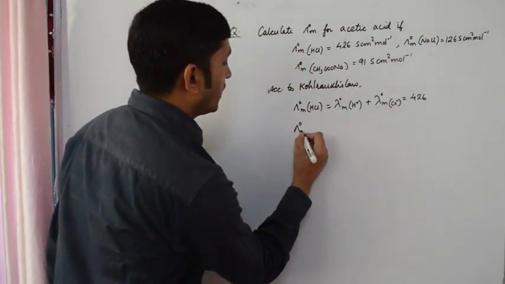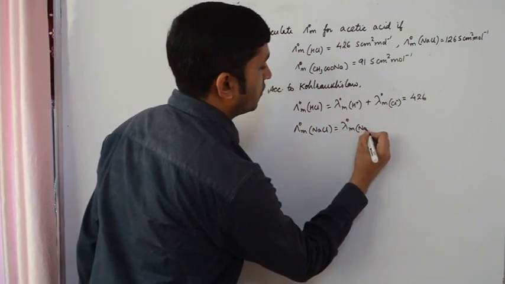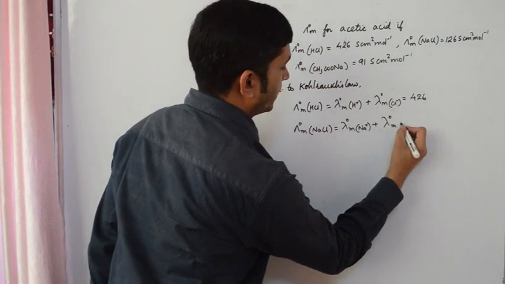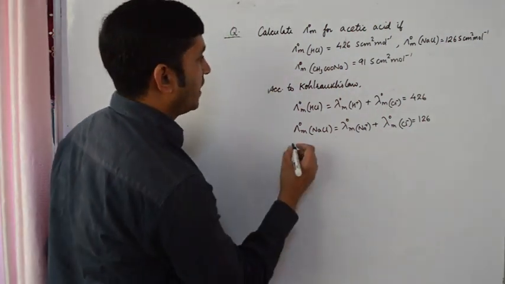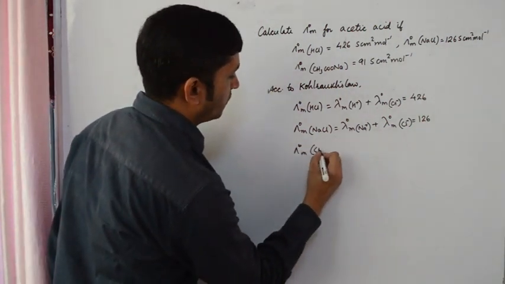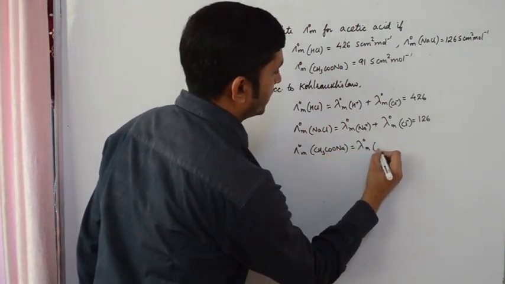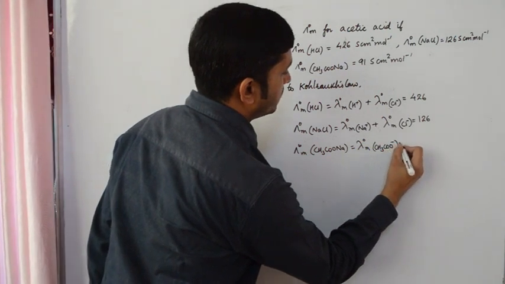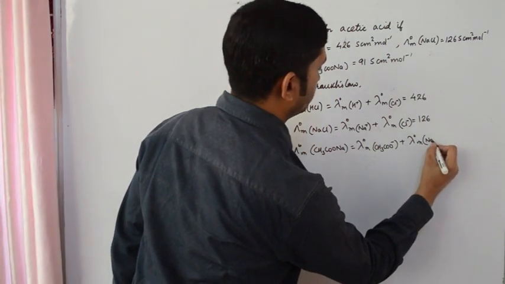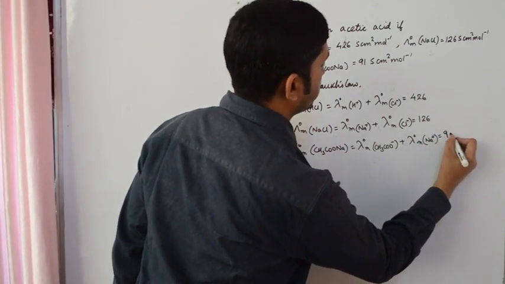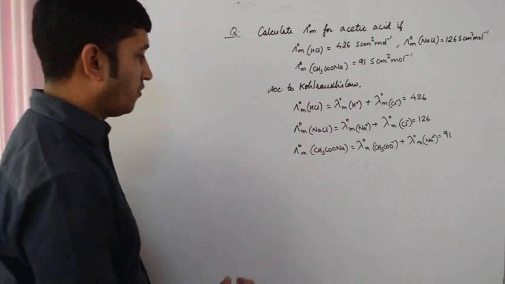Same way, limiting molar conductivity of NaCl can be written as limiting molar conductivity of sodium ion plus limiting molar conductivity of chloride ion, that's given 126, and limiting molar conductivity of sodium acetate can be written as limiting molar conductivity of acetate ion plus limiting molar conductivity of sodium ion, which is given here 91. Now we need to calculate limiting molar conductivity of acetic acid.